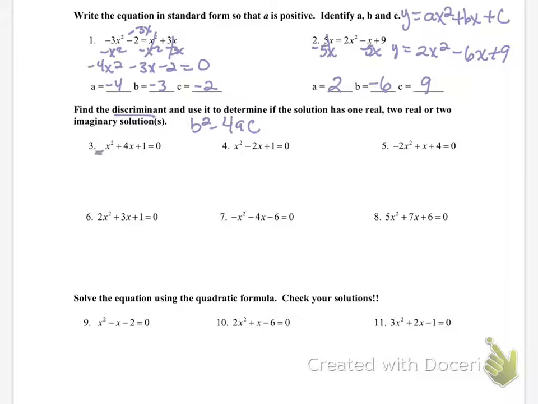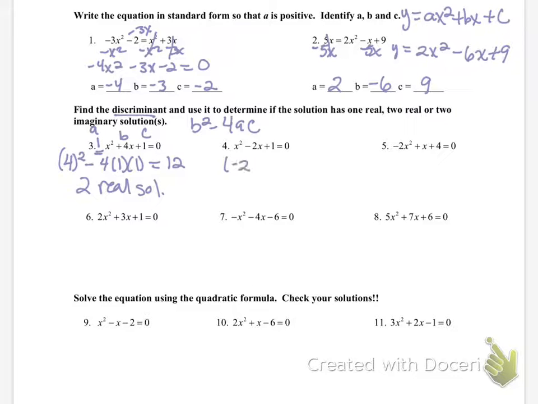So no number here, so that means a is 1, b is 4, c is 1. 4 squared, don't forget parentheses, minus 4ac. So 16 minus 4 is 12. It's positive, so that's 2 real solutions.